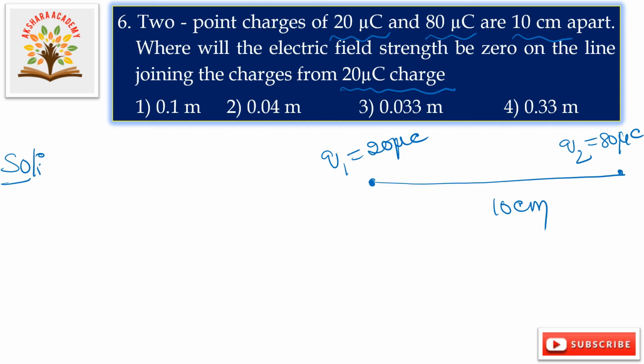Suppose electric field E1, from here it is distance x, and from here to the other charge it is r minus x.